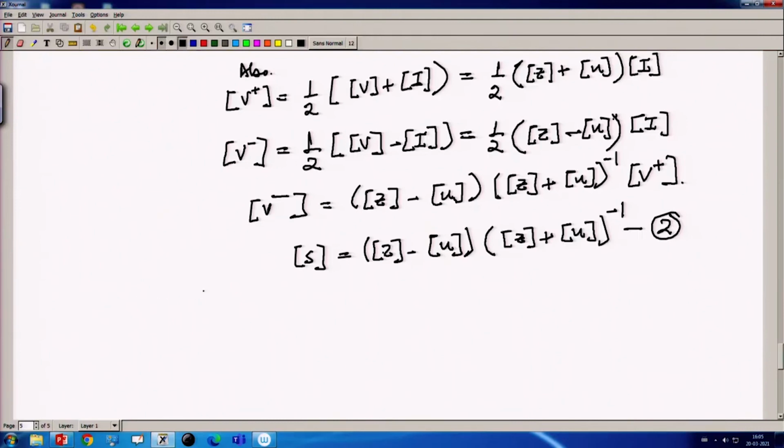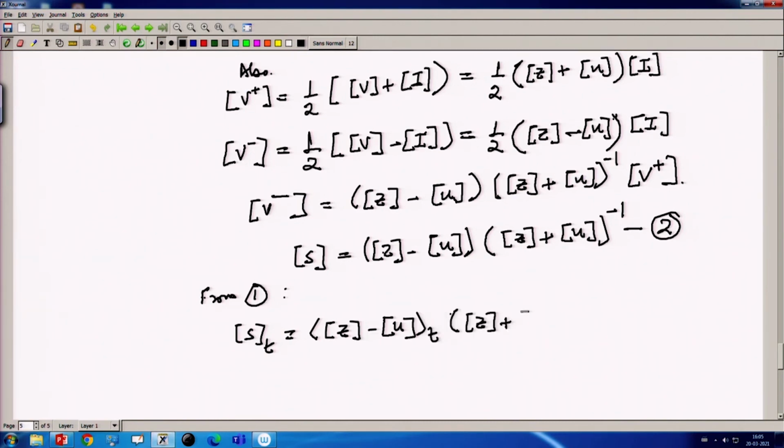So, then from 1 we get the transpose of S as this quantity.